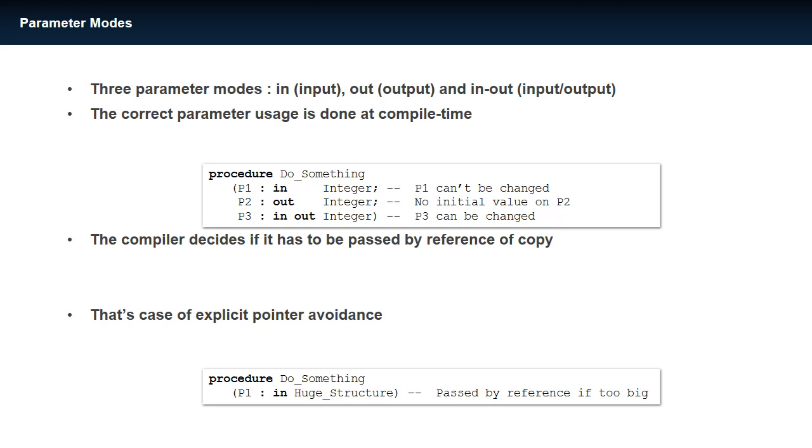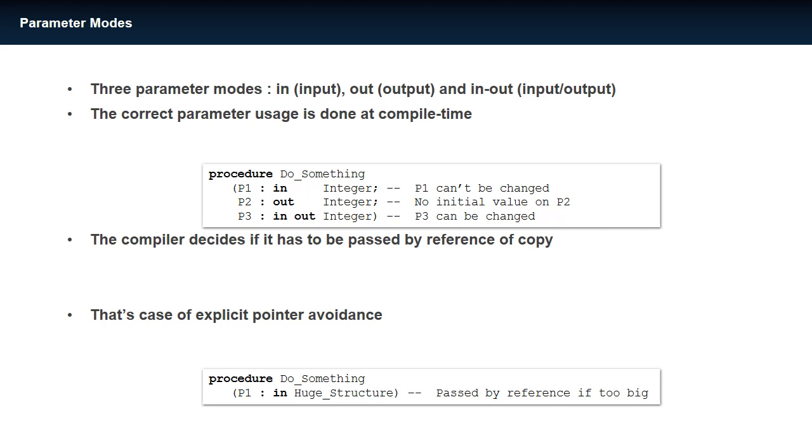The accepted modes are in parameters, which are parameters that are read-only inside the function, out parameters, which are parameters that should be written to before being read from inside the function, and in-out parameters, which are variables which can be modified inside the function. Let's look at the first example here to understand what this means. The procedure listed, called doSomething, will take three parameters.